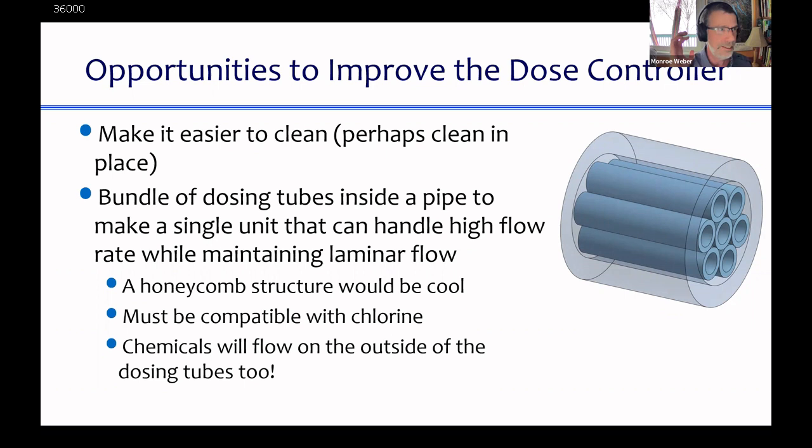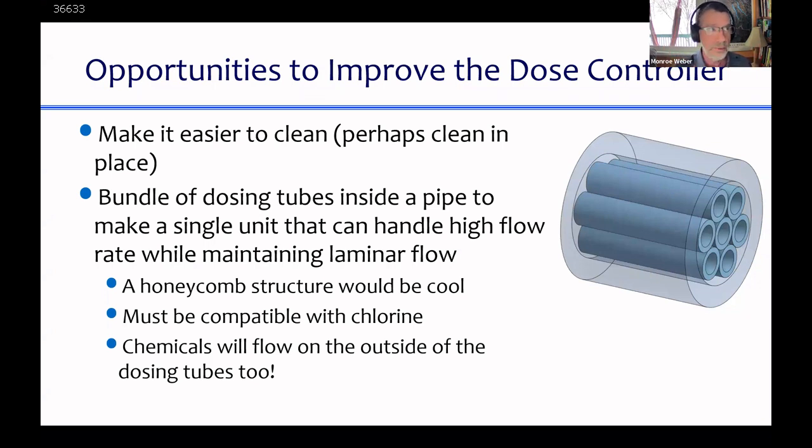That would be really sweet, but I don't know how to do it. And there are limited materials that actually work with chlorine. PVC is the best material for working with chlorine, and Tygon tubing is also PVC tubing that's just flexible.